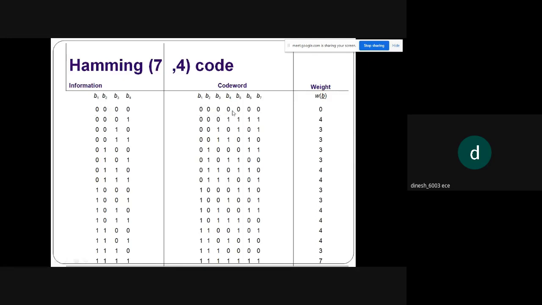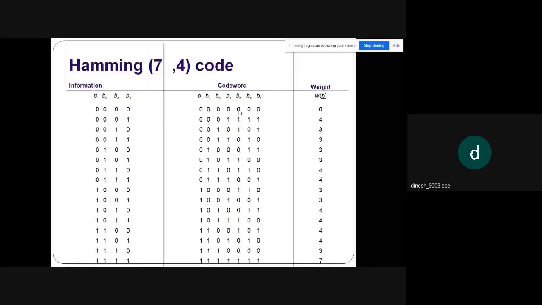For B5, how do we get this? B5 is based on the modulo addition of B1, B3, B4. What is the modulo addition? B1 is 0, B3 is 0, B4 is 0. So you will get 0.